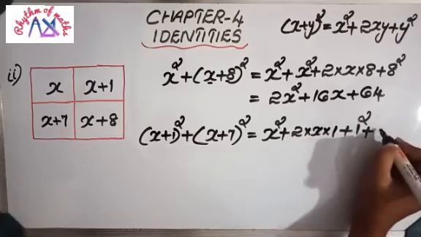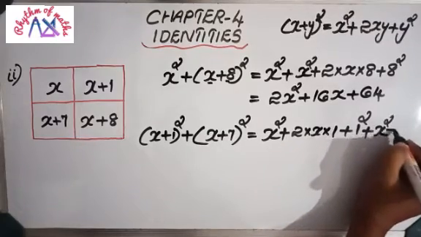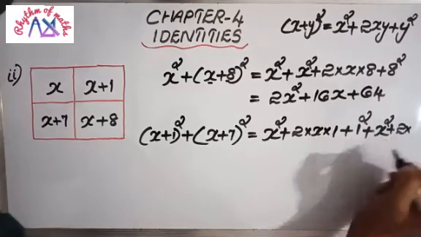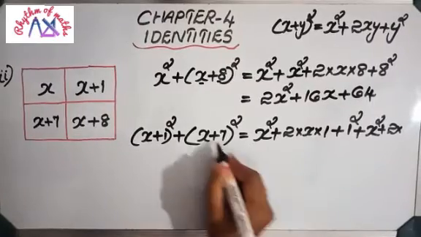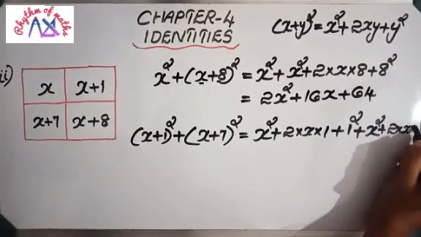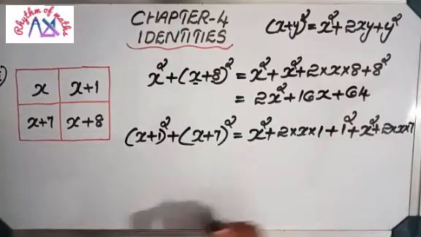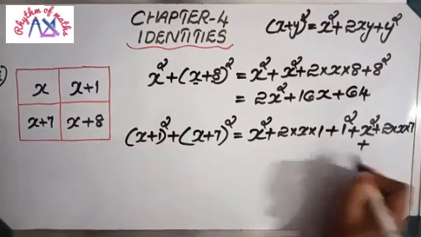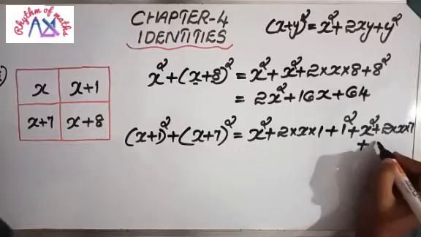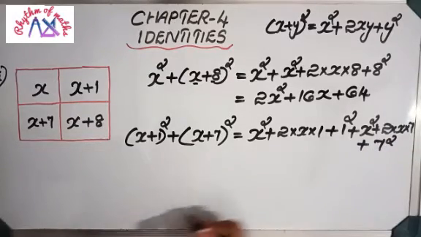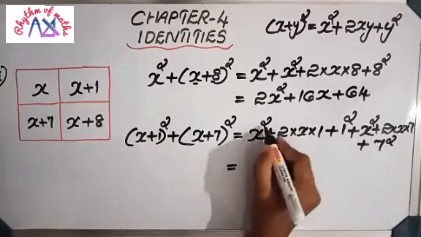Again you have to open the bracket. That is x square plus 2 into what? 2 into x into next number is 7. So 2 into x into 7 plus y square. Y is 7 here. So 7 square. Okay. Now let's simplify.